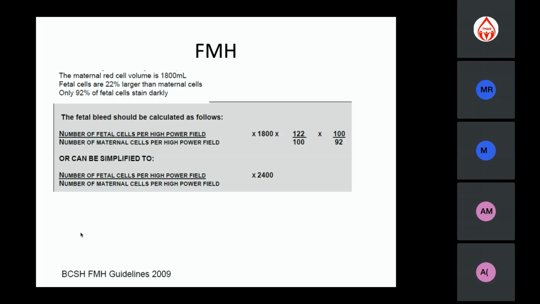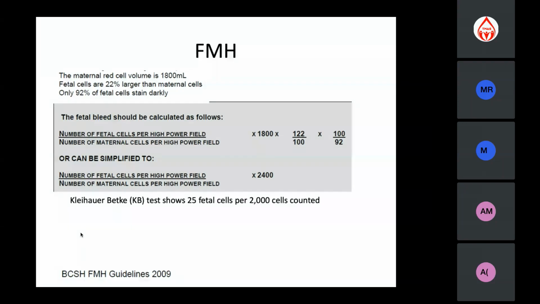And the percentage of fetal cells stained darkly is 92%, so it is 92 by 100, which is in the denominator. So when we take it to the numerator, it is 100 by 92. In simple terms, it can be stated as the number of fetal cells per high power field divided by maternal cells, times 2400.